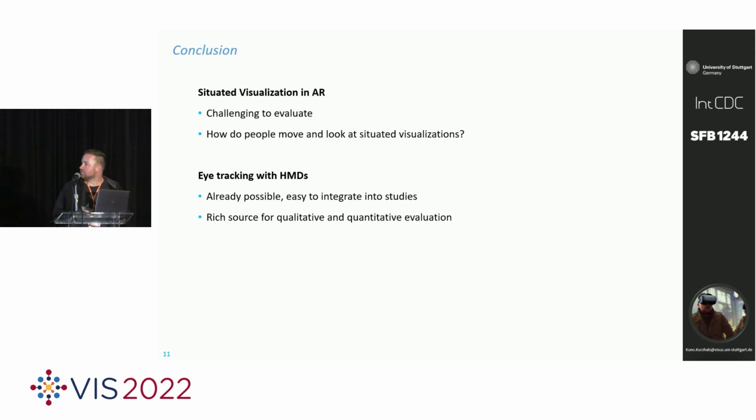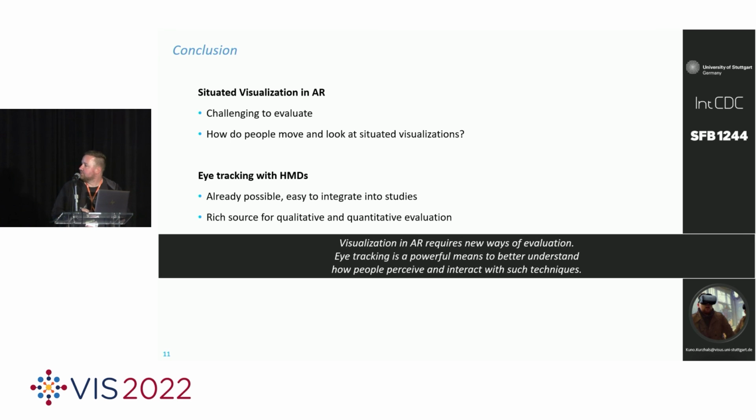With some additional libraries, you could easily integrate this into your studies, and it provides a rich source for qualitative and quantitative evaluation. If you want a takeaway message from my talk, I would say visualization in AR requires new ways of evaluation, and eye tracking is a powerful means to better understand how people perceive and interact with such techniques. So, thank you.